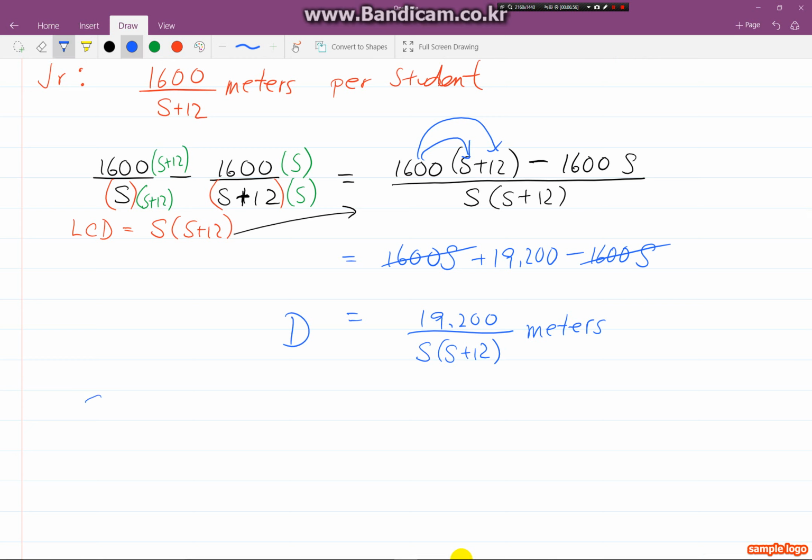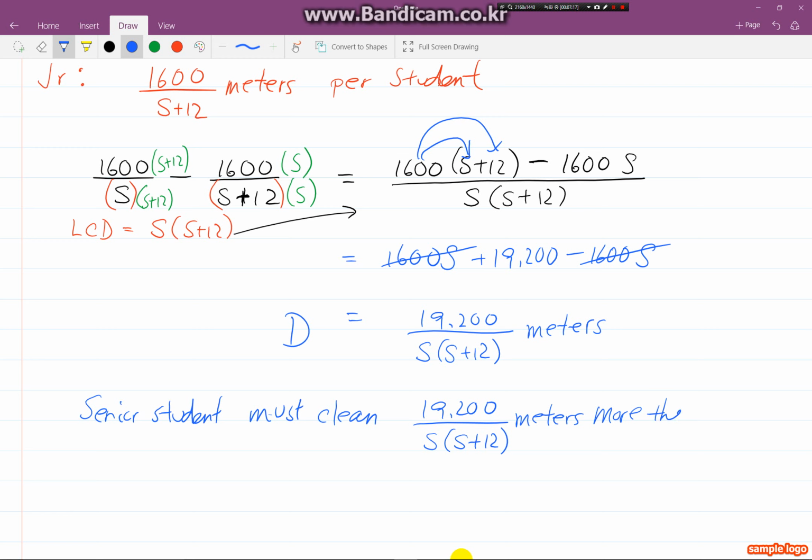Okay? A senior student must clean 19,200 divided by S times S plus 12 meters more than a junior student.